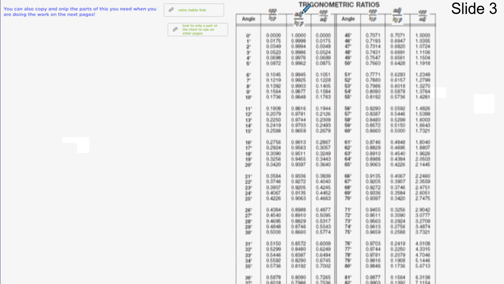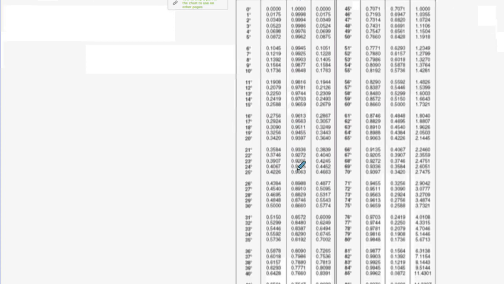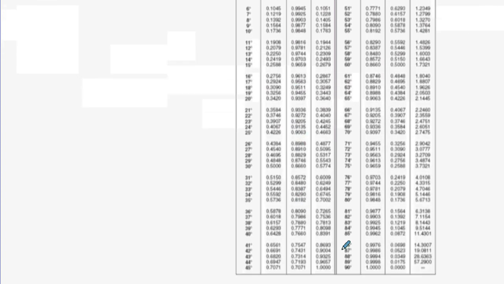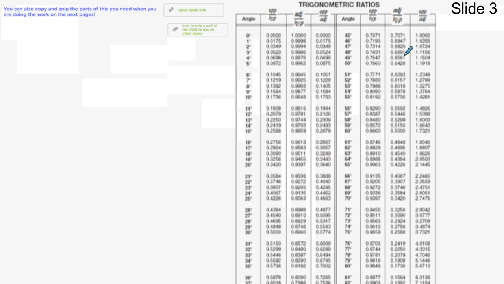So again, we'll go to our adjacent over hypotenuse in the table and look down to 0.6157. Up here it is, I see it. And that goes with our angle measurement of 52 degrees. I'd like you to try answering the remaining questions using the same pattern in your table that we've just done for these two, and then we'll check your results.